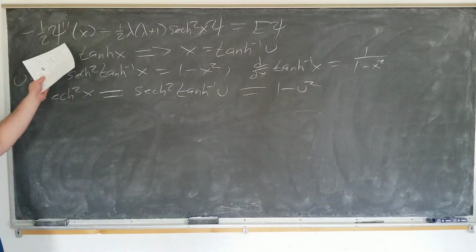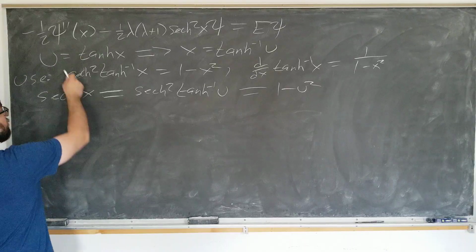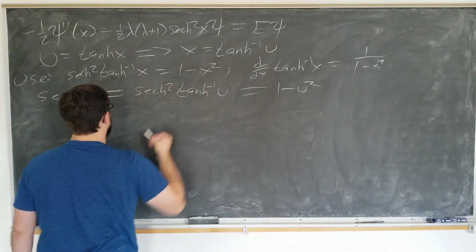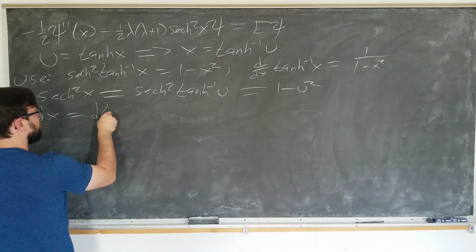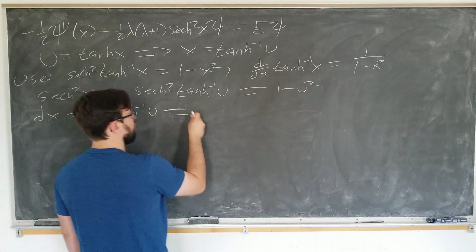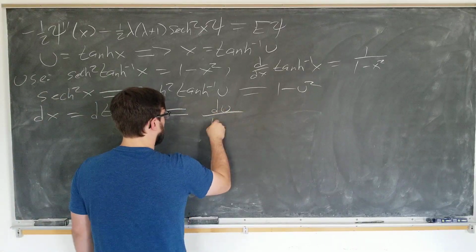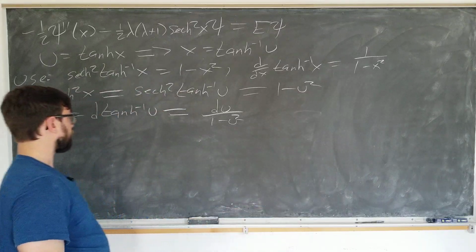Now we'll transform the derivatives first. So by taking differentials of both sides of this equation, we have dx is equal to d tanh inverse of u, which is simply du over 1 minus u squared for this expression here.